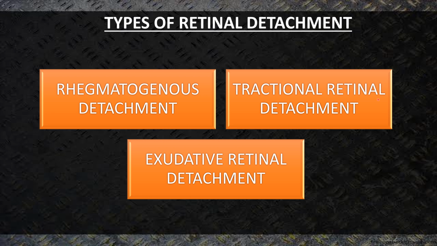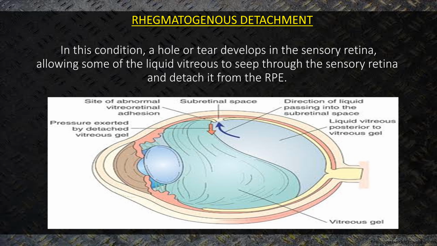This is the first type, rhegmatogenous detachment. I just want you to have a better understanding of the types, because all three have their own pathophysiology. The word rhegma comes from a Greek word that means to rend.